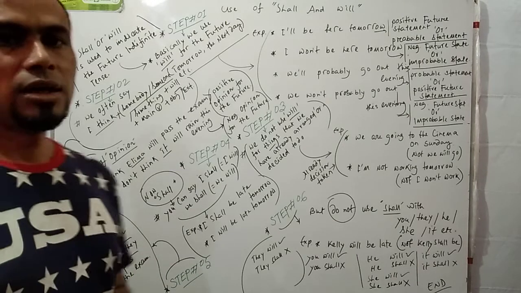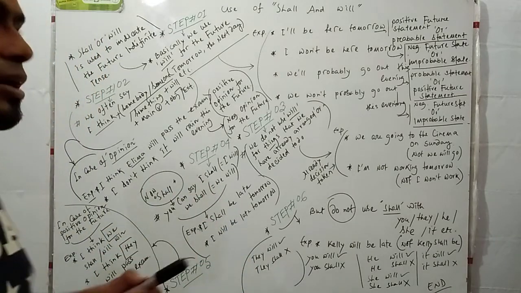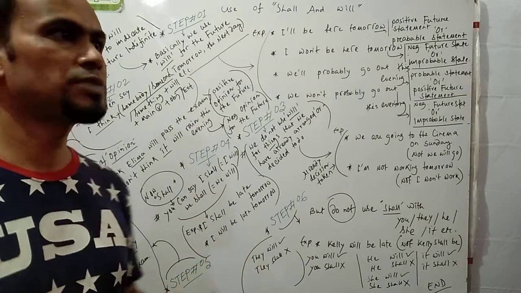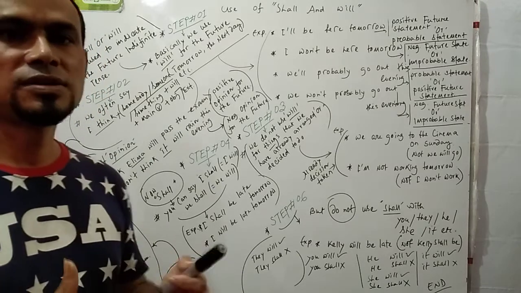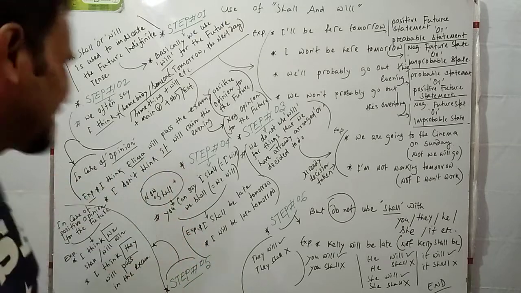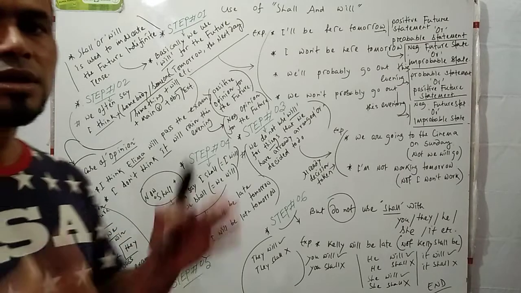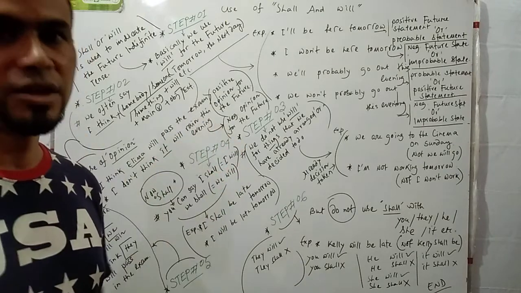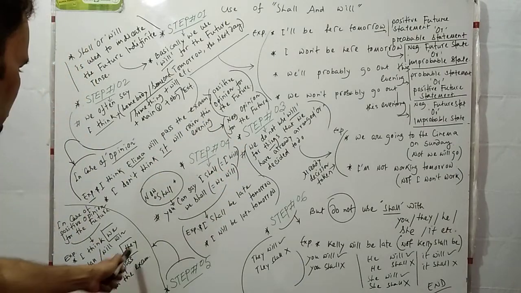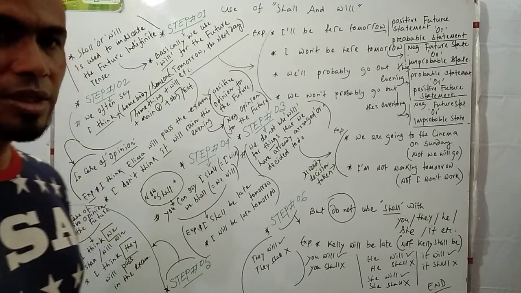Will naturally is used with first person, where the subject is I, and will is used with they. So, I think we shall, I think we will win. Both sentences are correct. I think they will pass the exam. This sentence is correct.